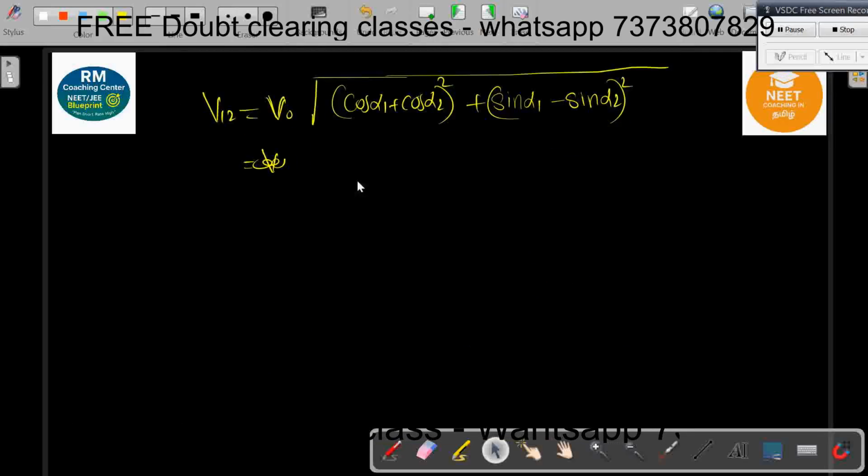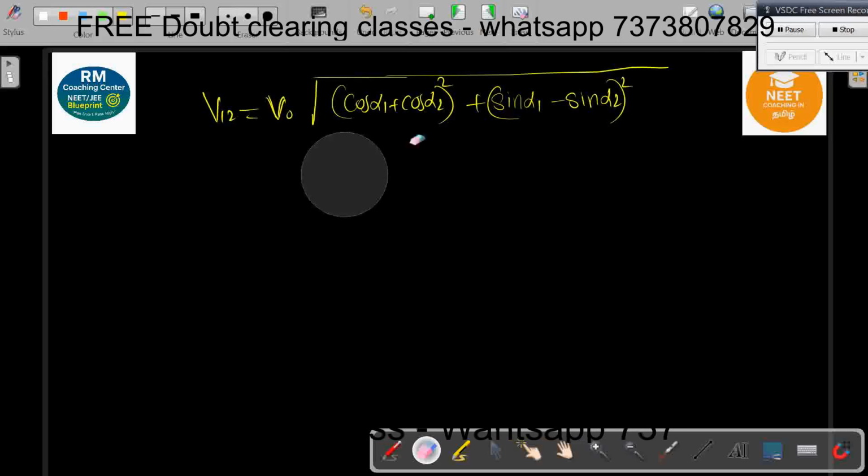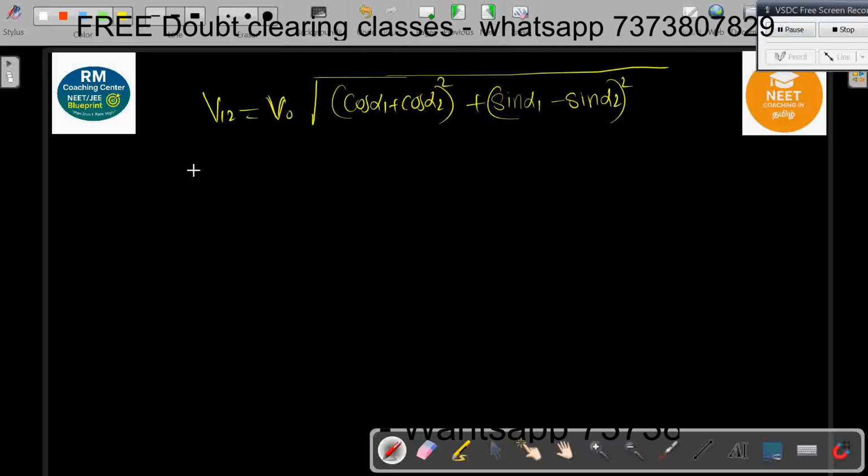Let's continue. So what to do right now? Let's expand this. V12 is equal to v naught. Inside the root, there is cos alpha 1 plus cos alpha 2 the whole square.